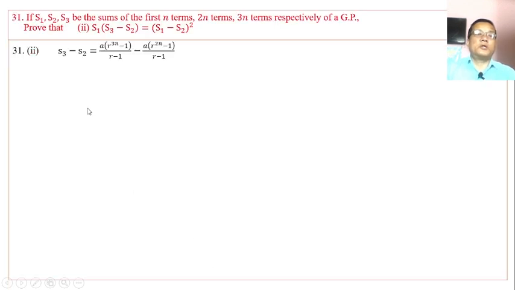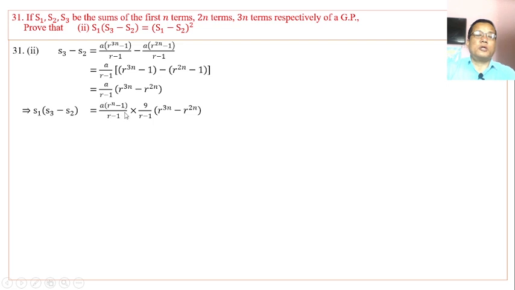Then we take S3 minus S2, taking r minus 1 common, and simplify to the simplest form. Then S1 times the value of left complete, and S1 both sides, on the right we put the S1 value and multiply.